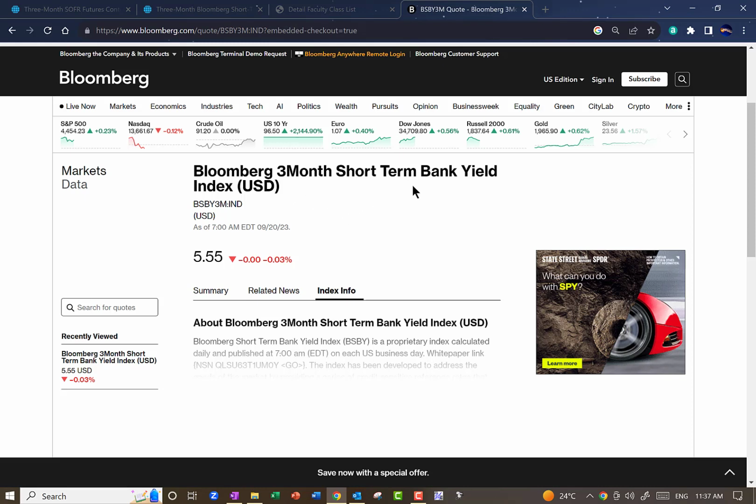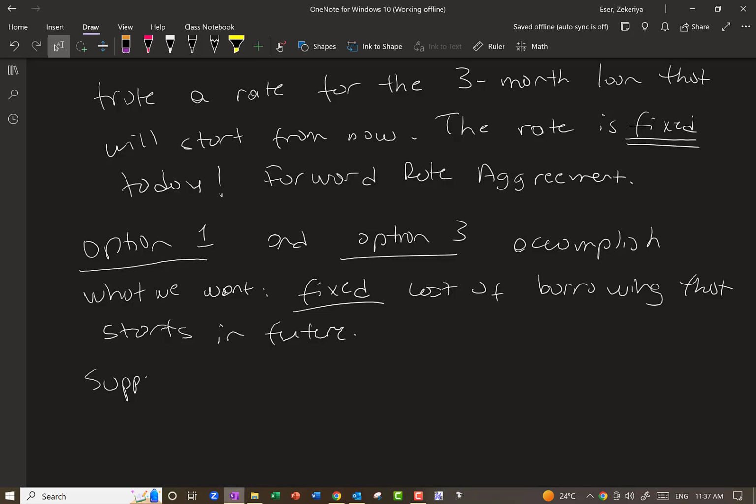And the 6-month yield is, all I have to do is change the 3 into a 6 over there.